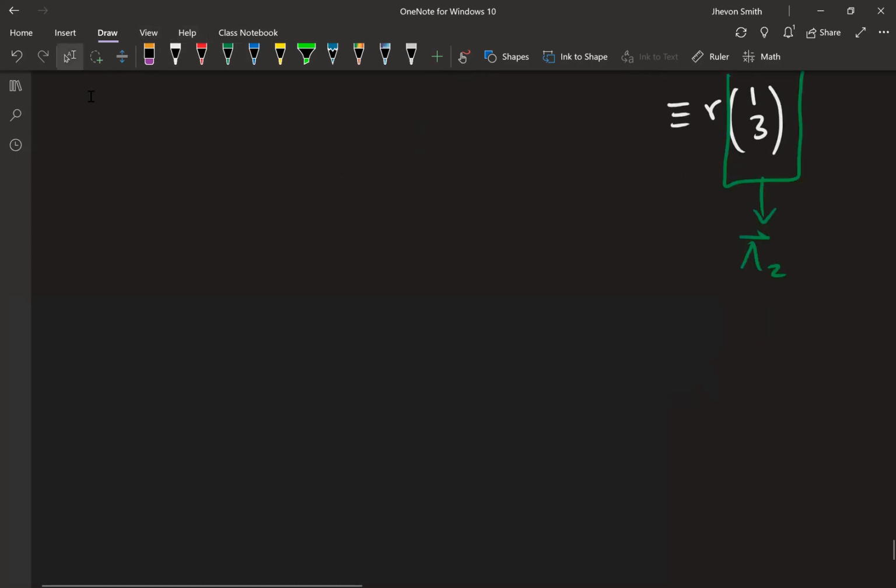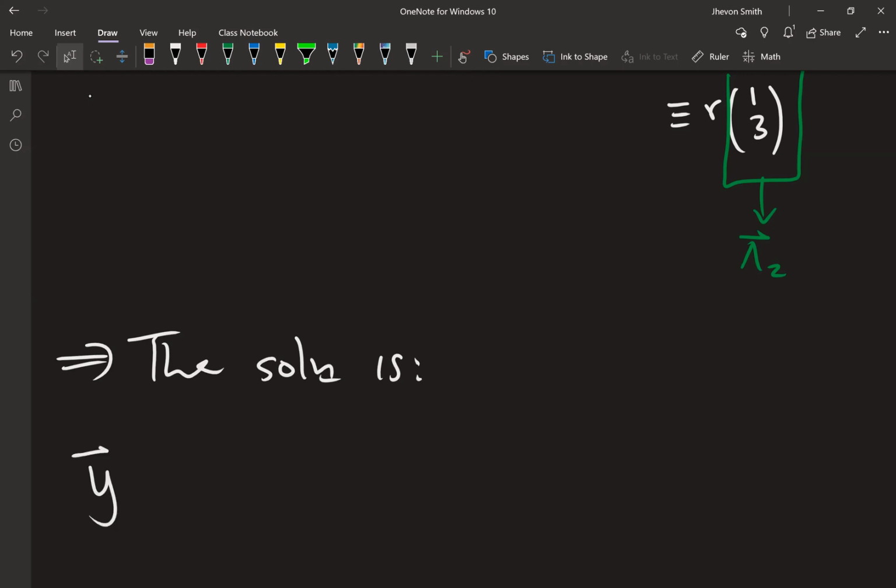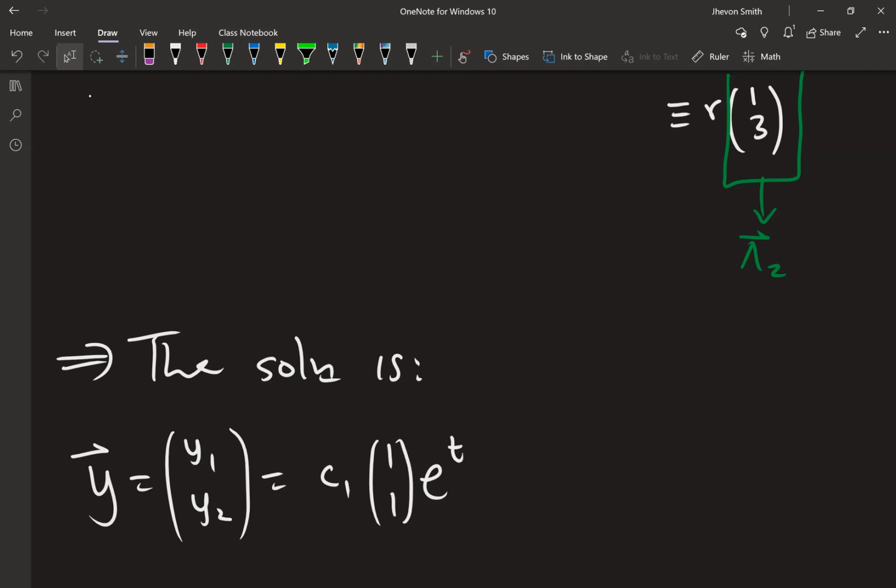And so this means the solution is my y, which is the same as y1, y2, is c1, 1, 1, e to the 1t plus c2, 1, 3, e to the 3t.